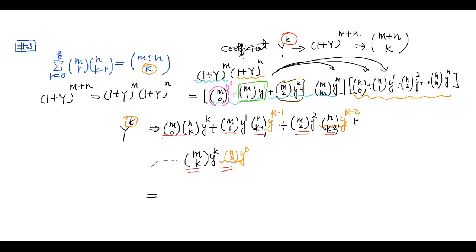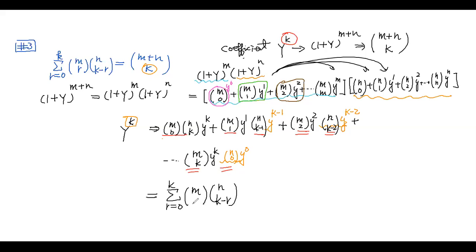So that's why I can write it as the summation over r from 0 to k. I start with r equal to 0. So when r equal to 0, what is n? n has to be k minus r.